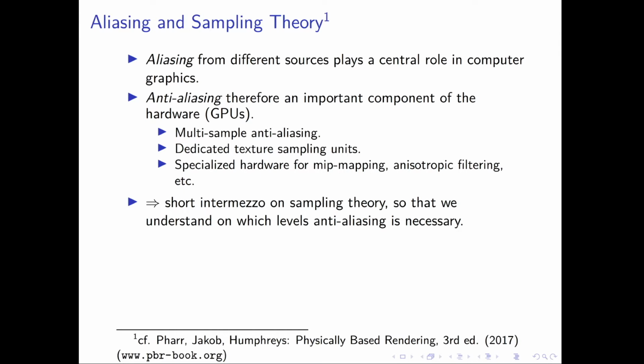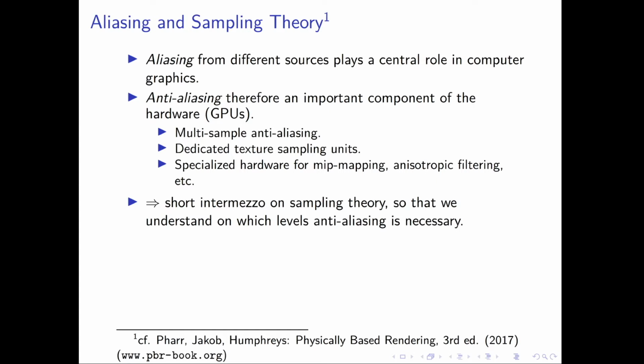I really recommend that you look into that book and read about the various topics in it. The book is actually available online under this URL here, so please go there and have a look. What I'm discussing next is loosely based off of one of the chapters that discusses sampling theory.